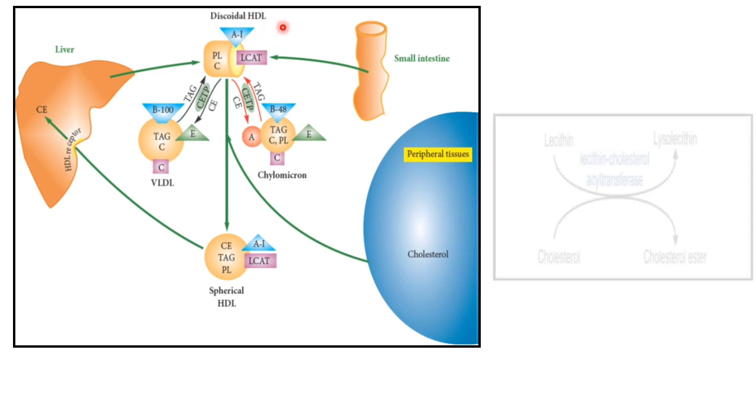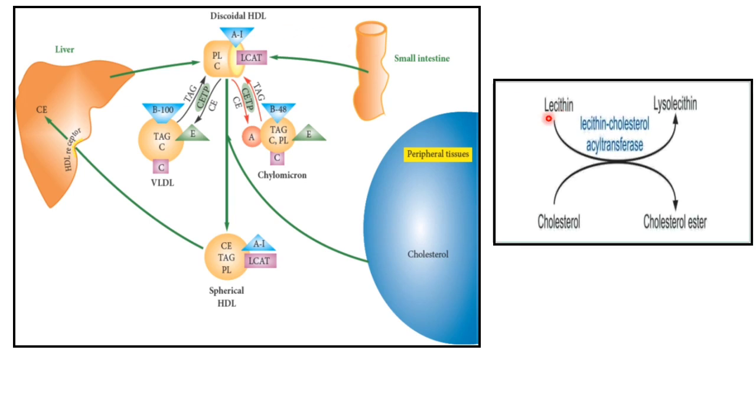lipoprotein. Lecithin transfers a molecule of polyunsaturated fatty acid to cholesterol to form cholesterol ester. And this is done by lecithin cholesterol acyltransferase, which is activated by apoprotein A1. The non-polar cholesterol ester moves into the hydrophobic core of the HDL disc, transforming the discoidal HDL into the mature spherical HDL particles.